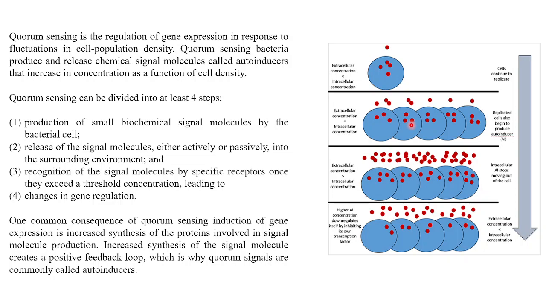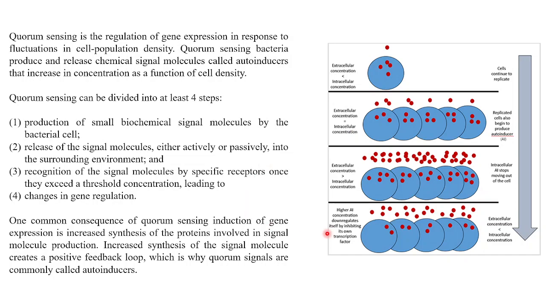And these signal molecules are then recognized by specific receptors once they exceed a threshold concentration, and that leads to gene regulation. So once this particular AI, meaning autoinducer, concentration reaches a particular limit or threshold, some of the receptors of these cells then recognize these, and that basically starts a signaling process leading to change in gene regulation.